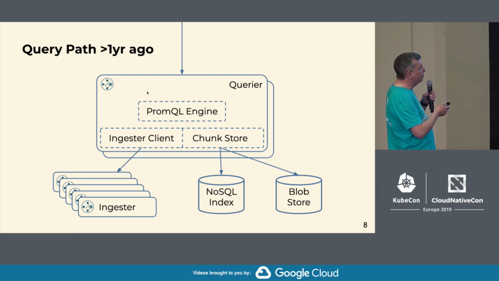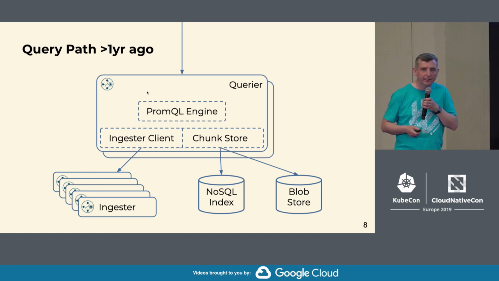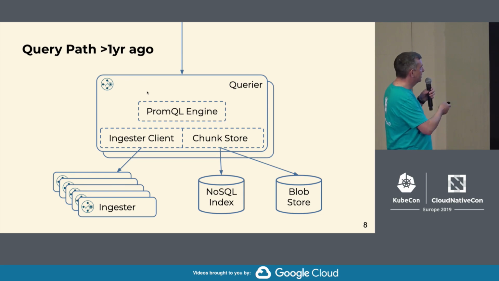And then we need to go 2 places with the query. The very latest data is in the memory of the ingesters. In the ingest path, it's getting compressed down. We do this extremely powerful compression, and it's held in memory. So we need to go find that data. That's the very latest data. And we go to what we call the chunk store, which is the blobs, which are the basic samples compressed down, and an index to find the right ones.